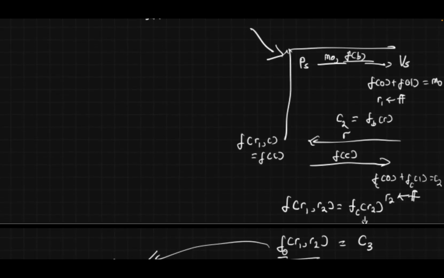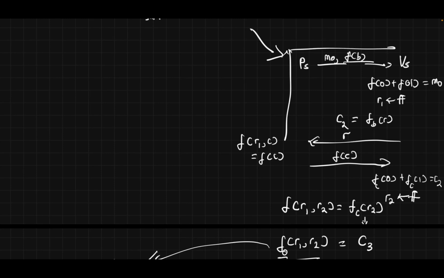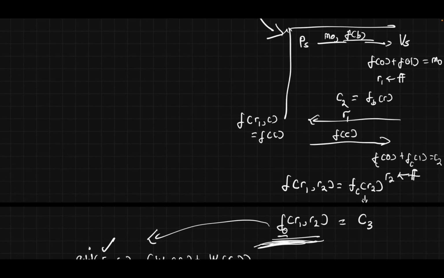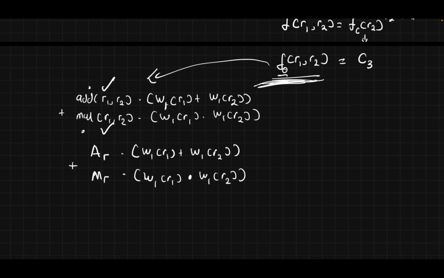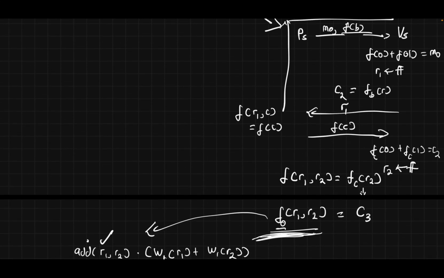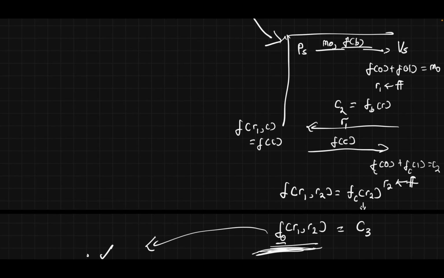Okay, so from here, we sample a random challenge. The first one, yeah, this is R1. Where is the C1? Why is there C2 and there's no C1?